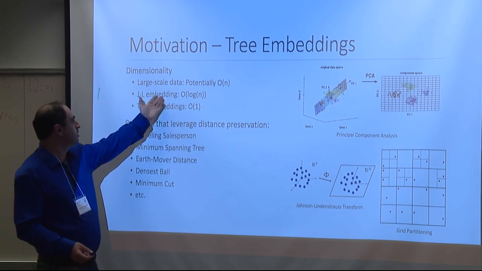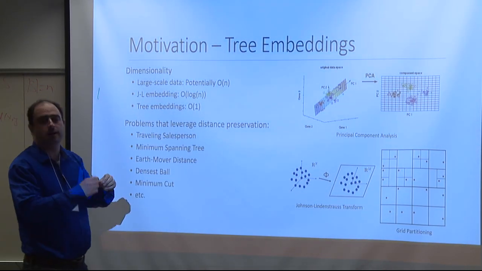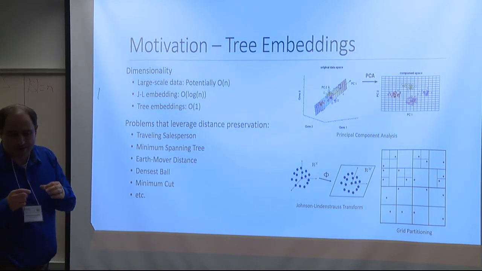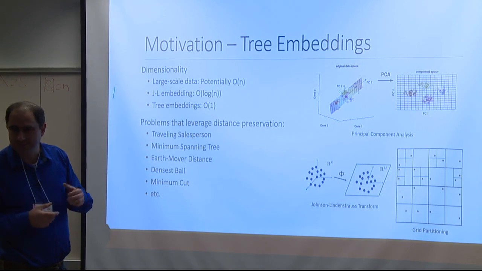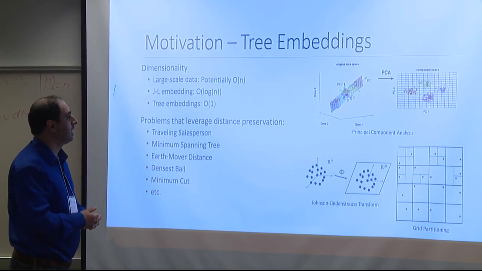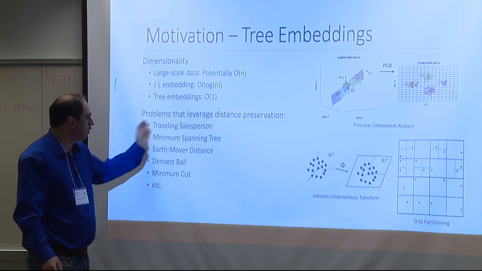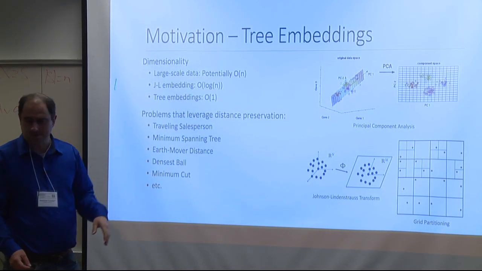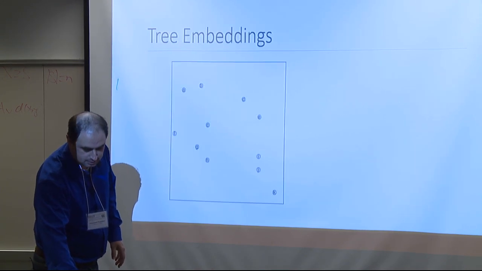Maybe you can use JL to get it down to order log n. And tree embedding is good because, on average, you only need to say who your parent is and what the distance is. So in terms of space, it is quite efficient, especially if you can get a good distortion. And if you have trees, as I mentioned, you can solve almost any problem using trees. So it is very important to have tree embeddings.